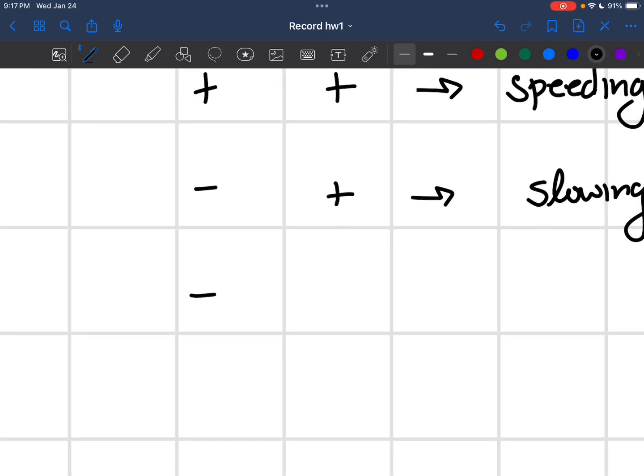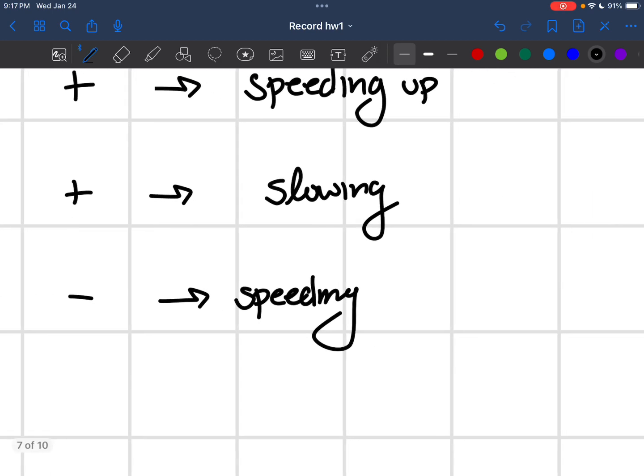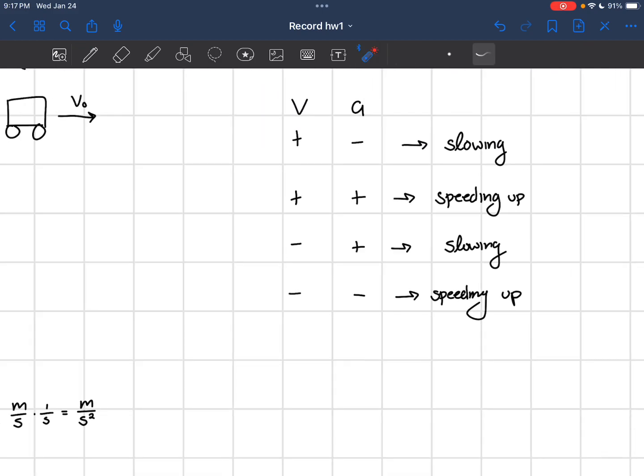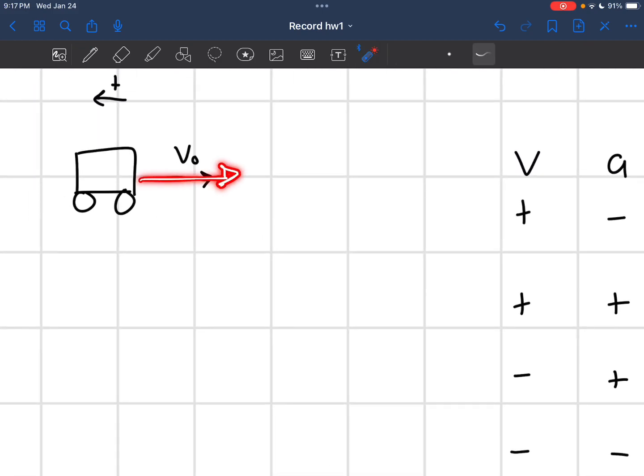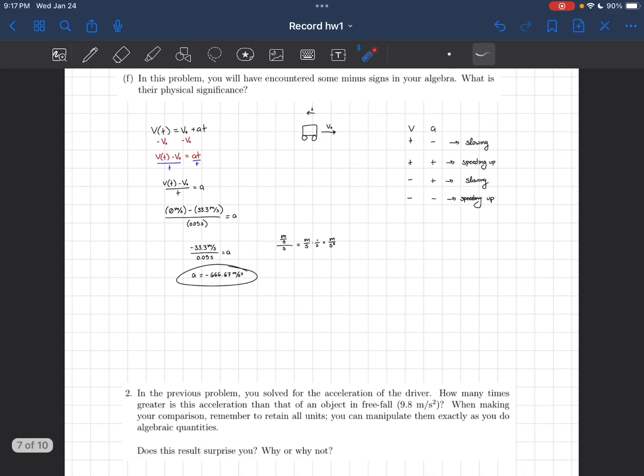If I have a negative velocity and a negative acceleration, it's going to be speeding up, because the change in velocity is also negative, it's going to make my velocity more negative, which means it's going faster, just in the negative direction. All right.